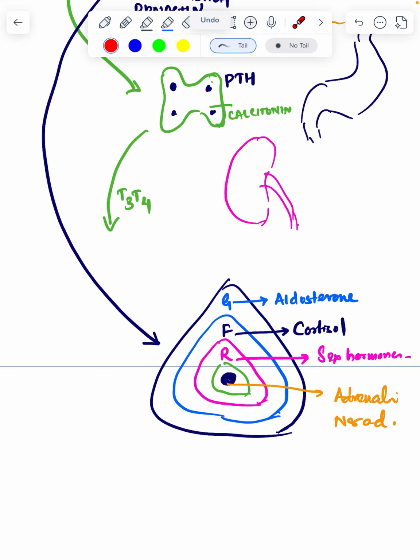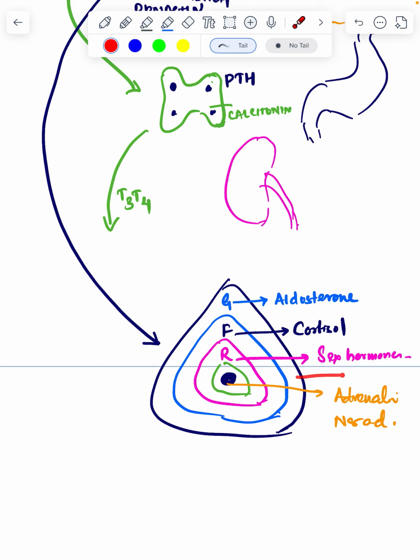So these three layers. Glomerulosa is concerned with the mineralocorticoid which secretes aldosterone. Minerals means sodium, potassium, and all this. These are the minerals. Fasciculata secretes cortisol, also called glucocorticoid, basically concerned with glucose and all metabolism.